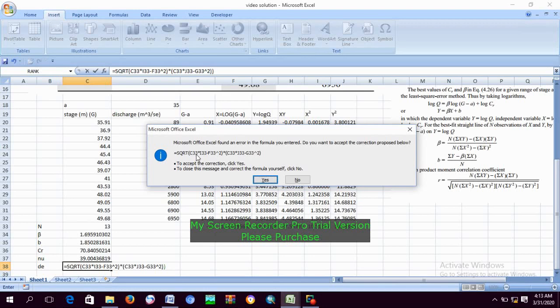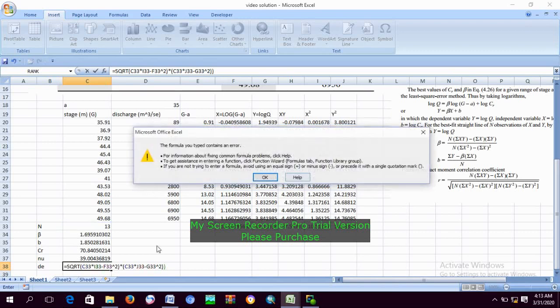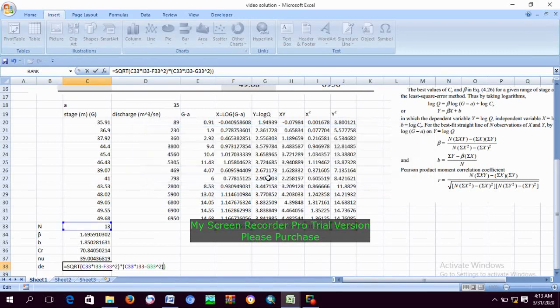This bracket is okay, we can use this bracket with another bracket inside.